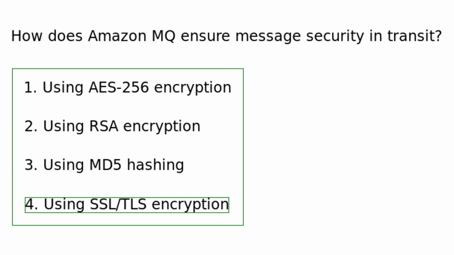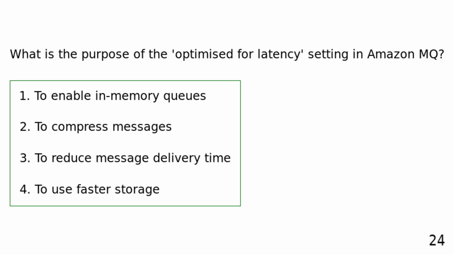What is the purpose of the optimized for latency setting in Amazon MQ? To enable in-memory queues. To compress messages. To reduce message delivery time. To use faster storage.